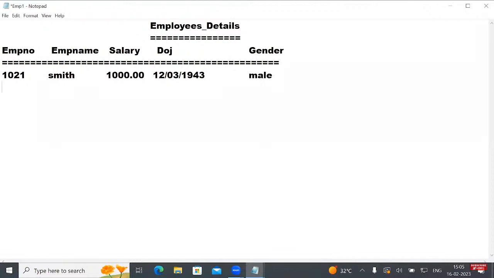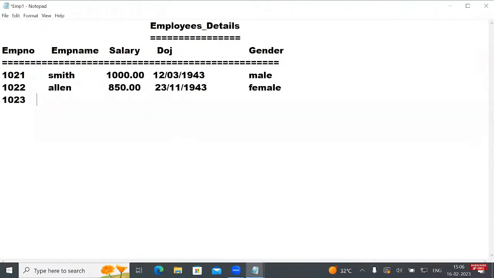Suppose male. 1022, another employee was there, Alan. Alan's salary was 850 rupees. All of you dreaming, 1940? So 1943. Okay, female.